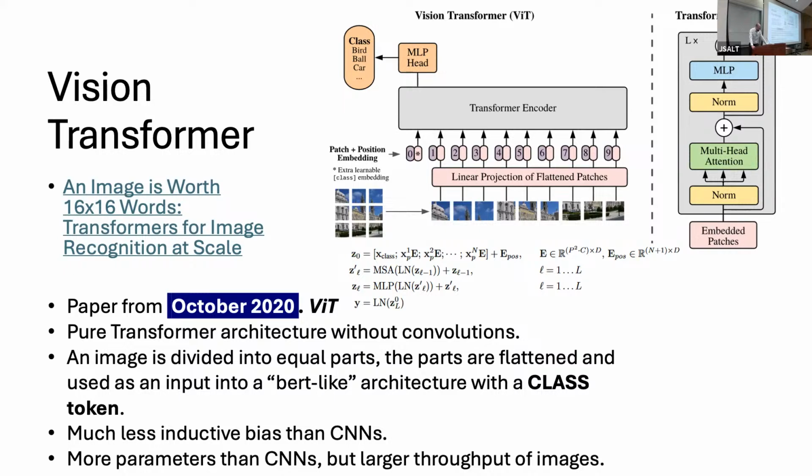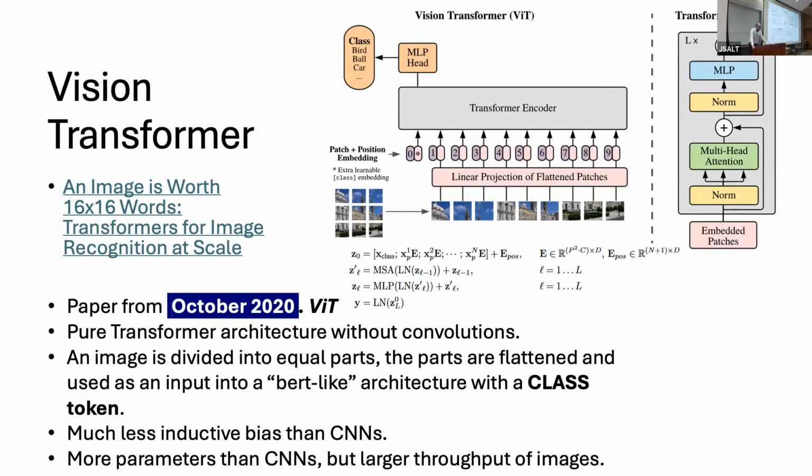You even add positional encoding to it, so if this patch moves to another position, it will have another representation. So we really need to learn all the positions of the patches.